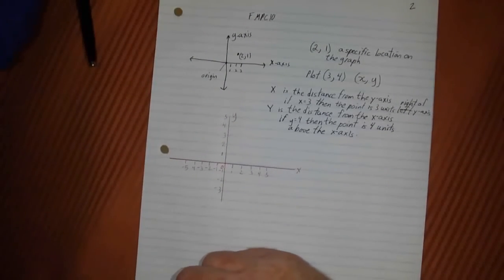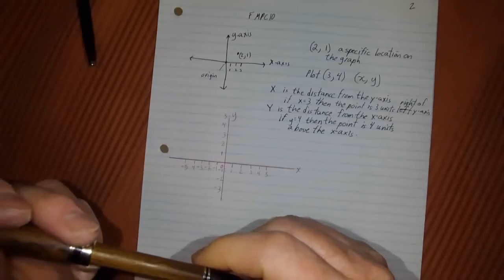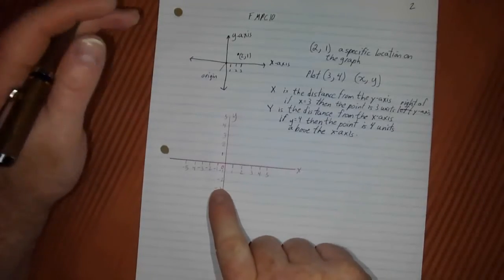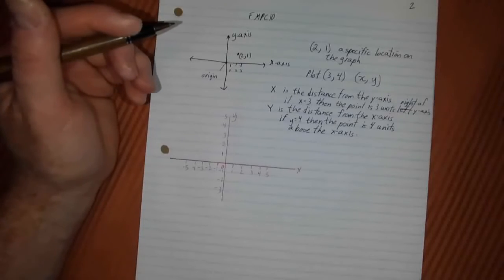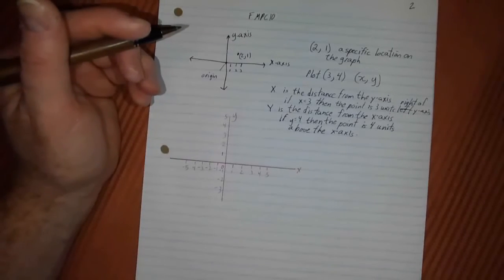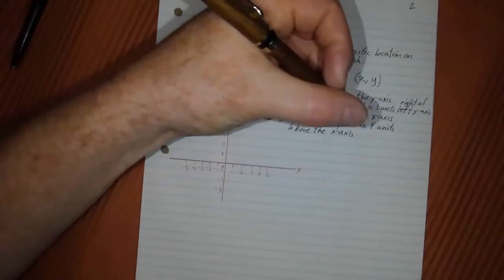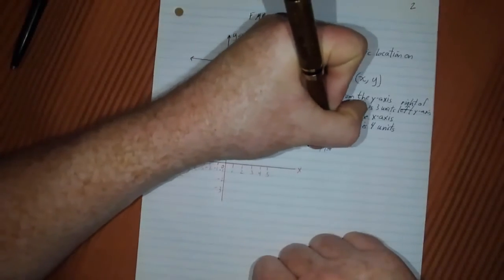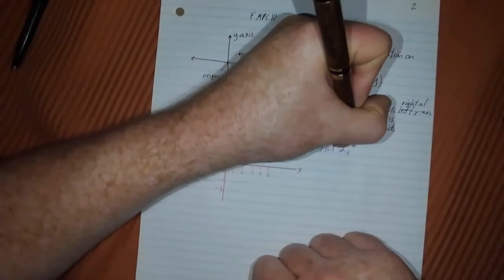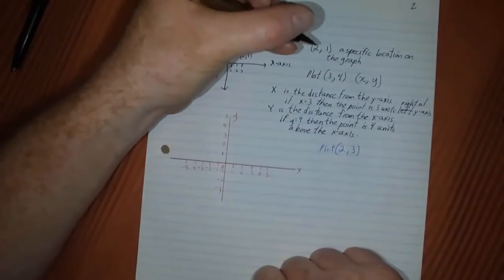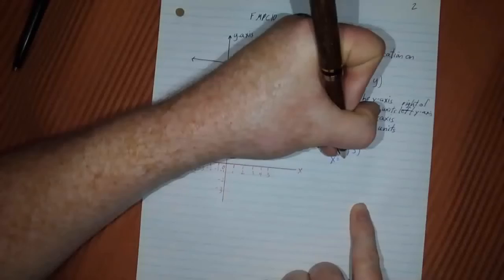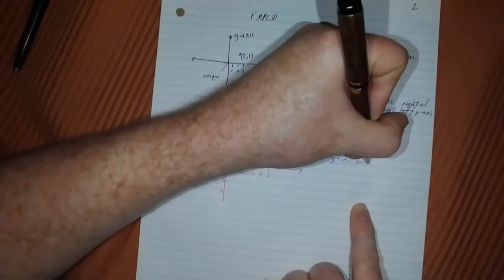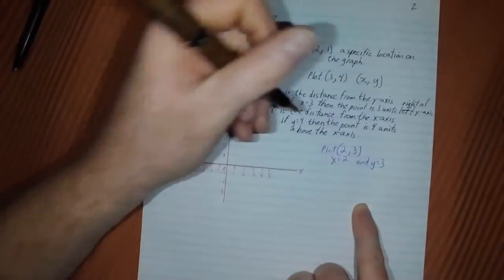All right. So let's pick a point. Let's pick a point (2, 3). If I'm plotting (2, 3), I know that x equals 2 and y equals 3.